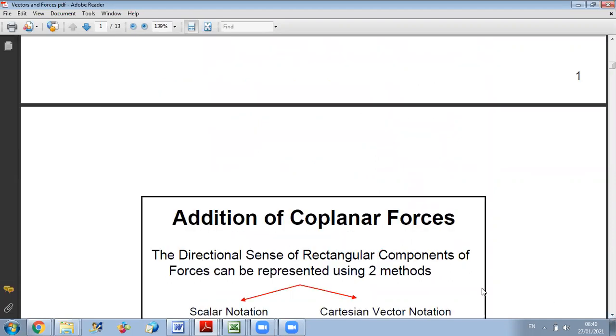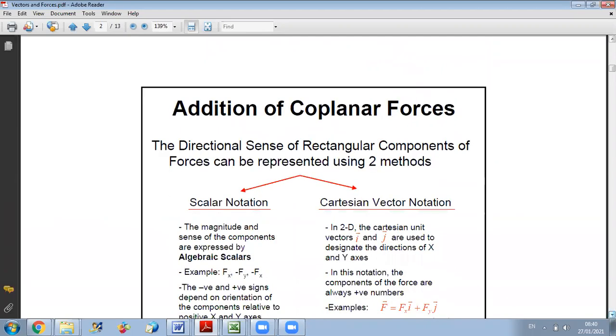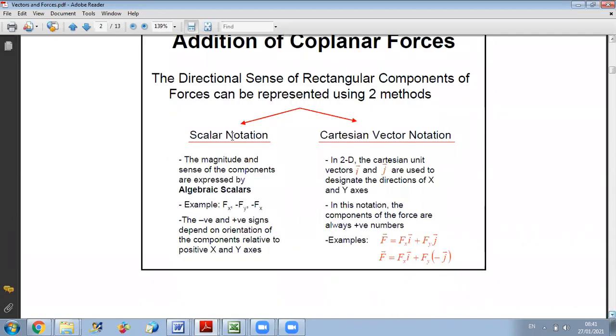Now, when I want to do addition of forces, I have two representation methods: the scalar notation and the Cartesian vector notation. When we talk about scalar notation, this means that the magnitudes and sense of the components are expressed by algebraic scalars.